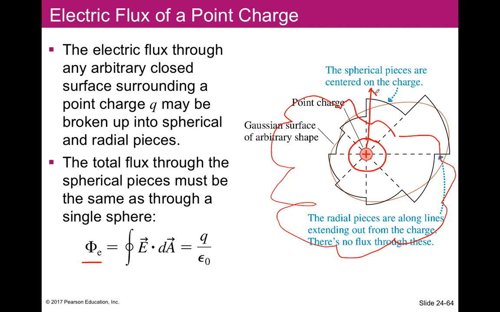So any field line that wants to go out must go through all of the surfaces which are closed surfaces and contain this charge. So no matter which surface you choose, the flux is always the same.